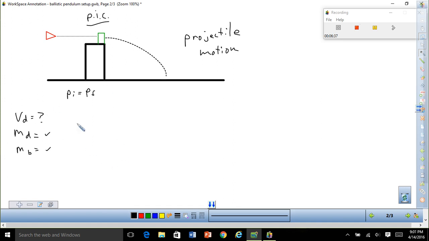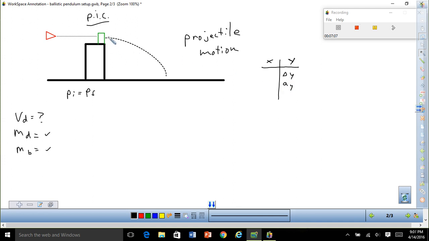All right, and then it strikes the wood, and so since it's projectile motion, we'll work those in our x and y dimension. We're told the height of the post, so that means we know delta y because we know how far it's going to fall toward the ground. It's under the influence of gravity, so we know the acceleration due to gravity.